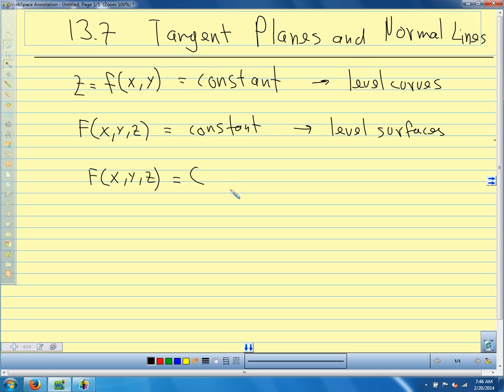Our curve is going to be a vector valued function, r of t equals x of t i hat, y of t j hat, and z of t k hat, a curve on the surface.